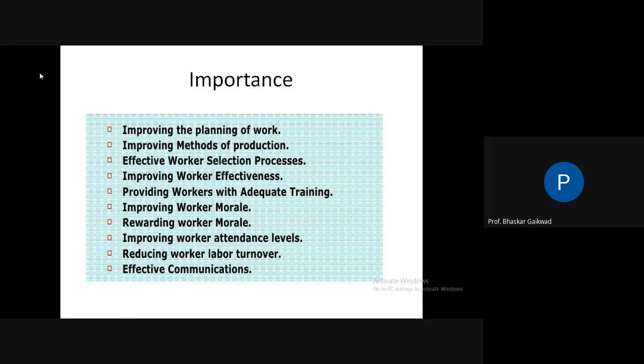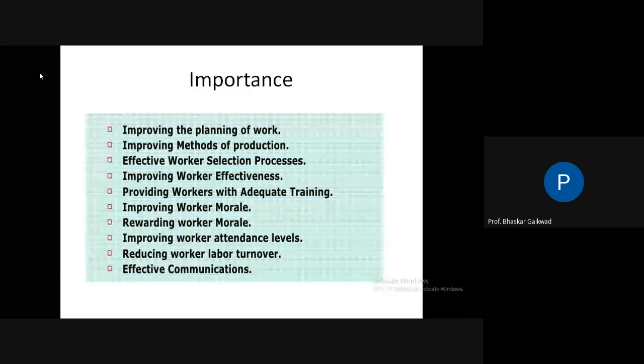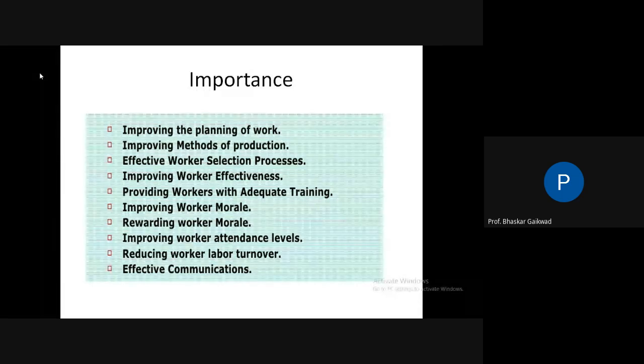If you provide things like this, worker satisfaction will be there. The workers will remain stable, and they will continue their work in that industry for further years. So these things happen because of our work study.